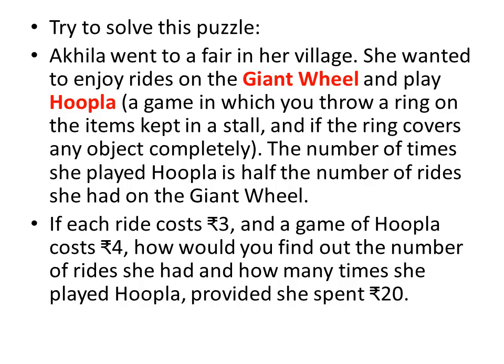If each ride costs rupees 3 and a game of hoopla costs rupees 4, then how would you find out the number of rides she had and how many times she played hoopla, provided she spent only rupees 20? That's the maximum amount she can spend, only 20 rupees.